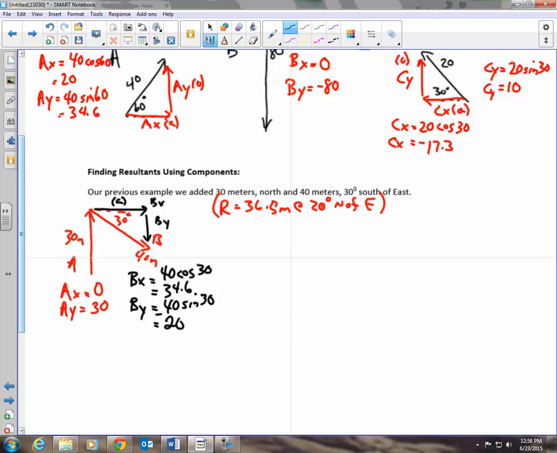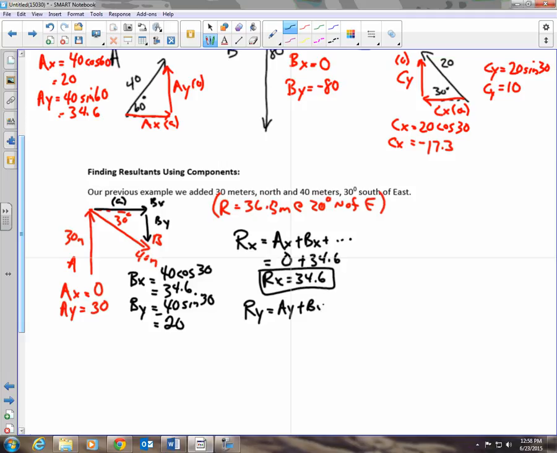Now that I found all the components, to get the x component of the resultant, I add the x's. So my AX was 0, my BX was 34.6. So that's going to give me RX is 34.6. RY is AY plus BY.